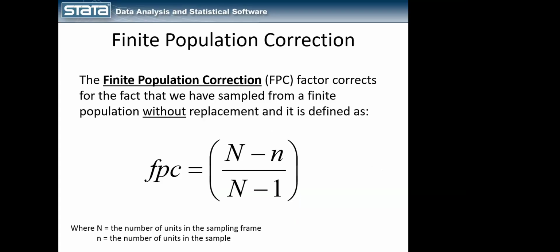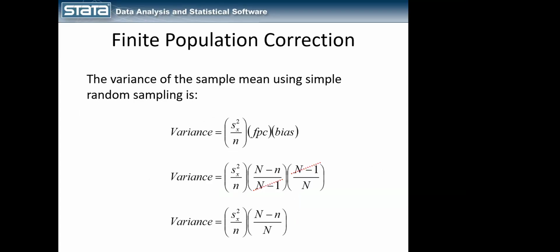Okay. So that FPC is defined to be big N minus little n divided by big N minus 1. So why do we care about this thing? Well, most sample statistics can be defined more explicitly as the statistic, such as the variance. This is the variance of the sample mean using a simple random sample.